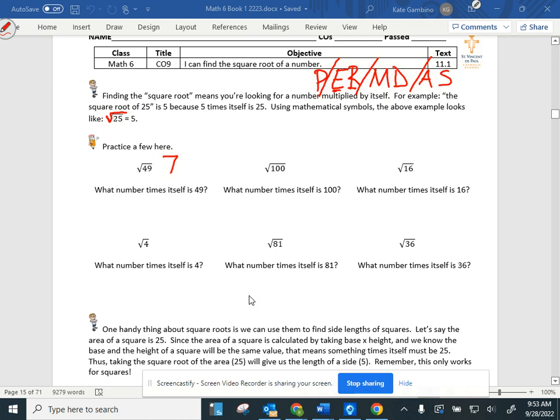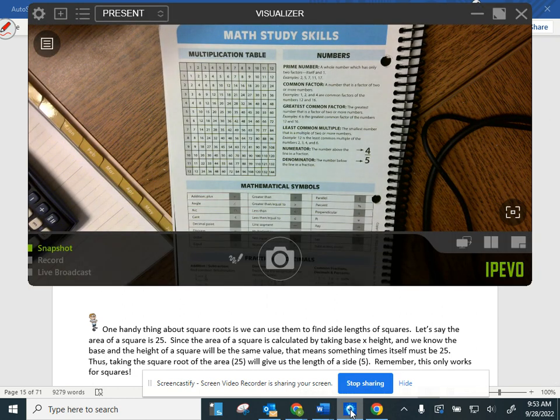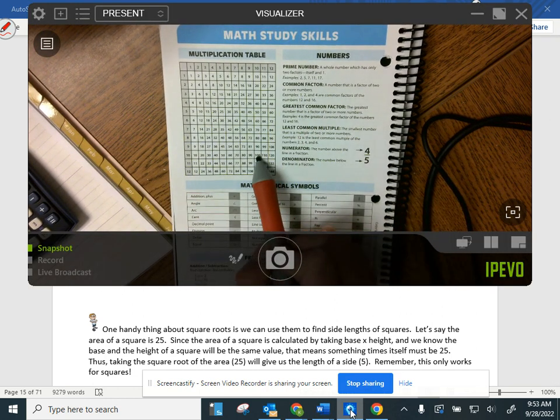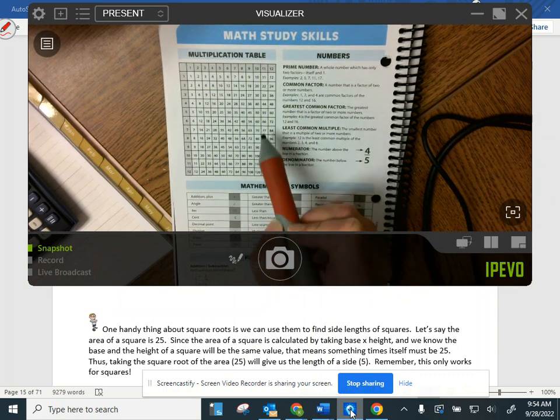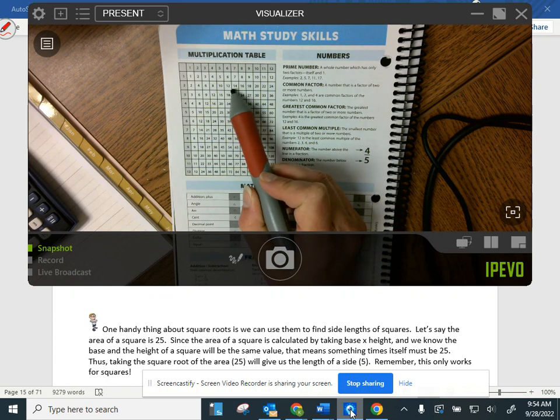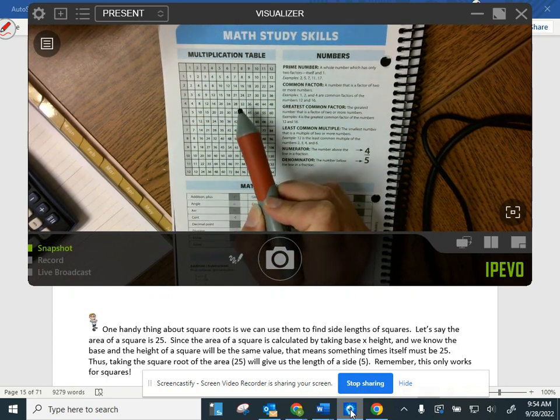Now, if we look at 100, I see 100 right here. So I looked down at my multiplication table. I found 100. Oh, there's a 10 and a 10. But I also see 100. Do I see 100 somewhere else?